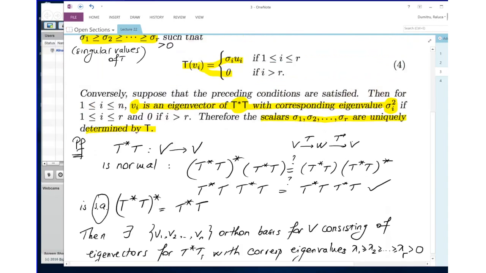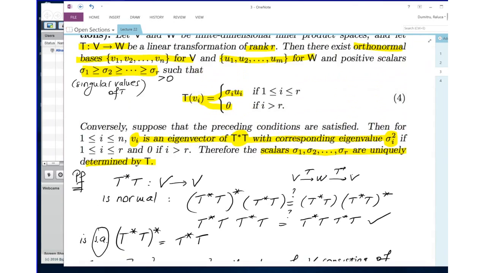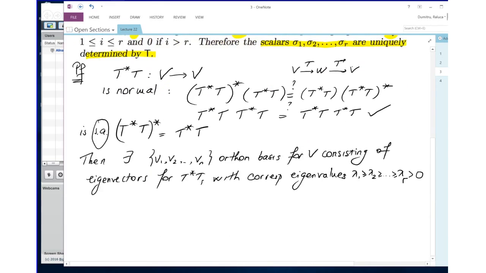So what have we got so far? We got this basis, right? v1 through vn, an orthonormal basis for V. We're going to define sigma 1 through sigma r as being the square roots of those eigenvalues.